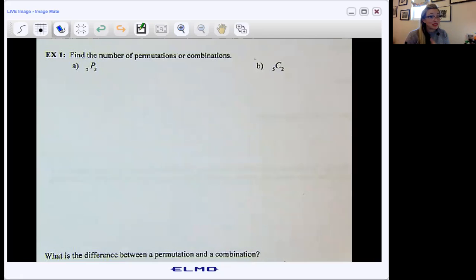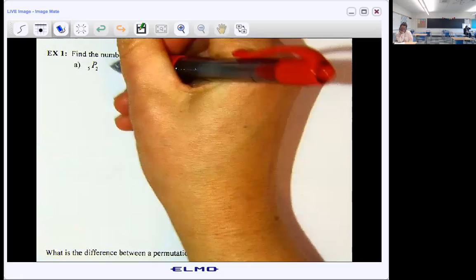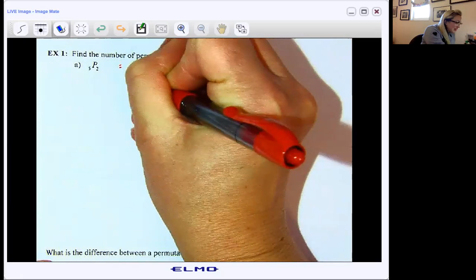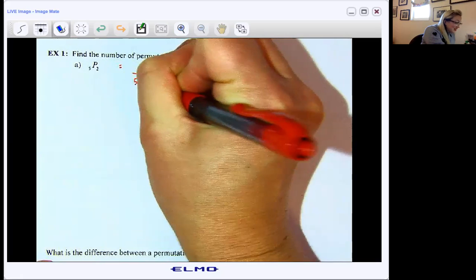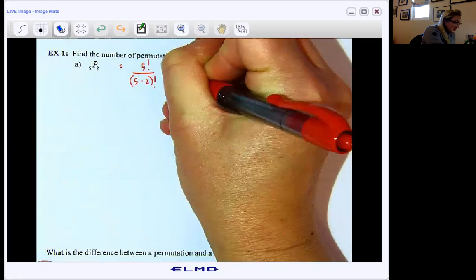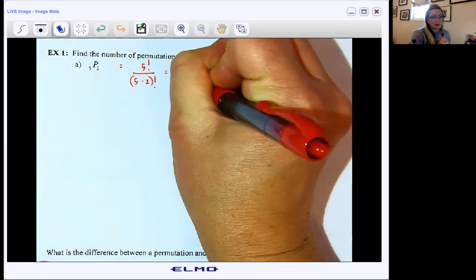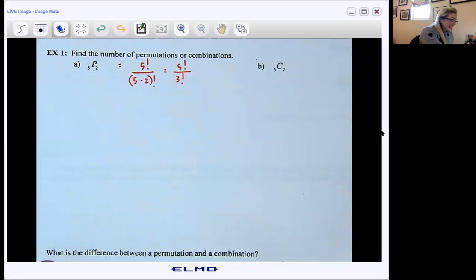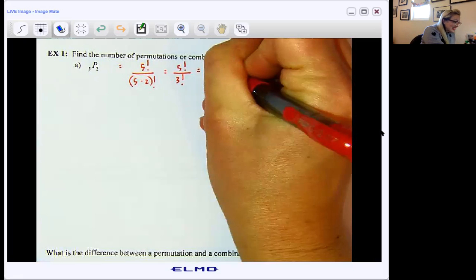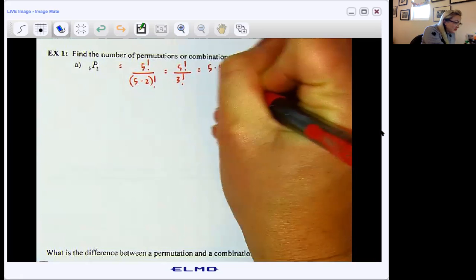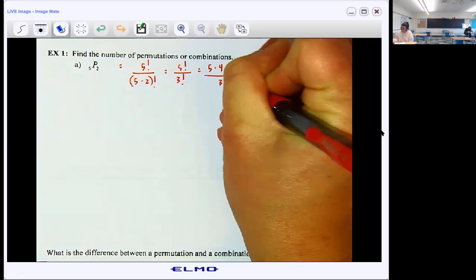So 5P2. If I'm calculating this longhand, I would say 5 factorial over 5 minus 2 factorial. So 5 factorial over 3 factorial. So when I multiply that out, it's like saying 5 times 4 times 3 factorial over 3 factorial.